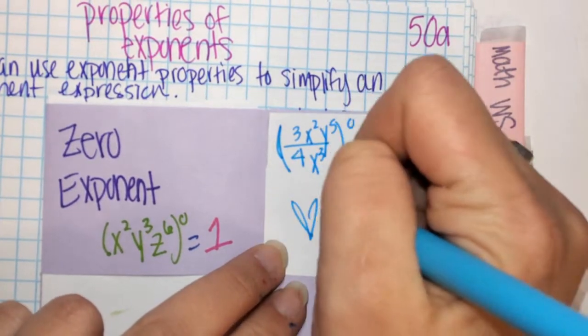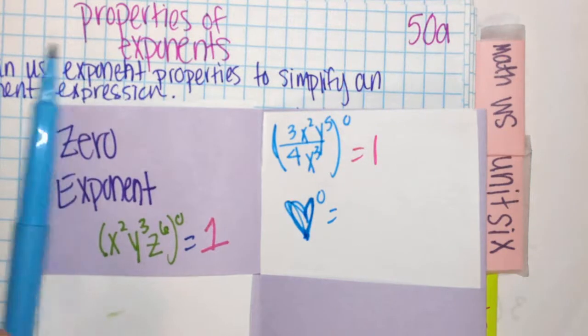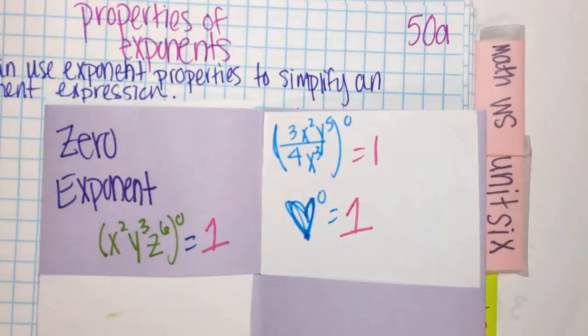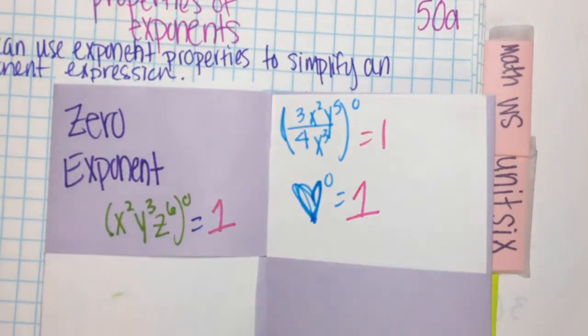If it is a heart to the 0 power, what is the answer going to be? Every single time. If it's rainbow to the 0 power, what's the answer going to be? 1.